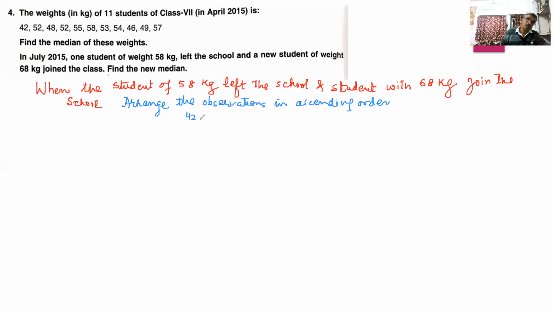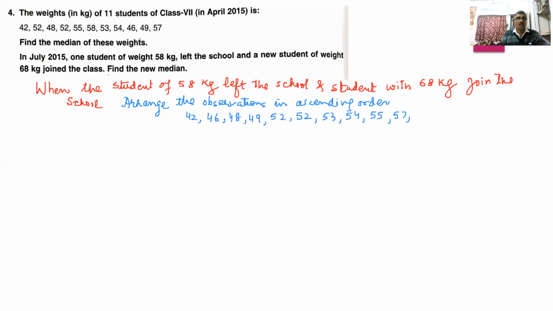First of all, 42. After 42, 46, then 48, 49, 52, again 52, then 53, then 54, then 55, 57.